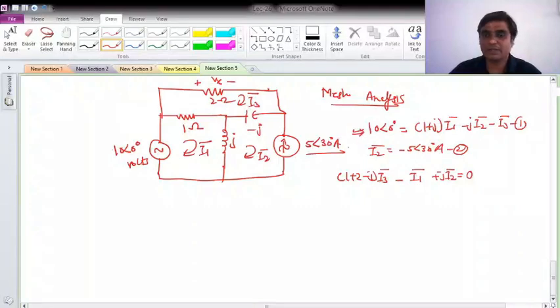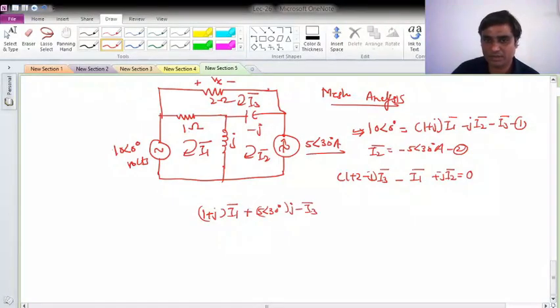Okay. So let us solve it in a convenient form. So using equation 1, it will be 1 plus j I1 phasor minus j I2. So j I2 is minus 5 angle 30 degree into j, minus I3 phasor, which is 10 angle 0 degree.